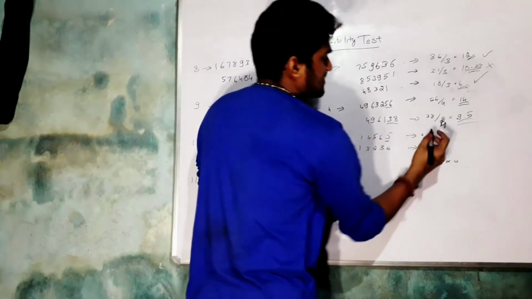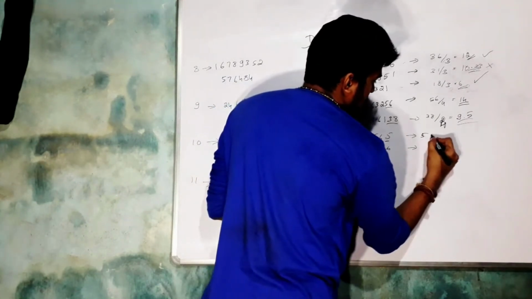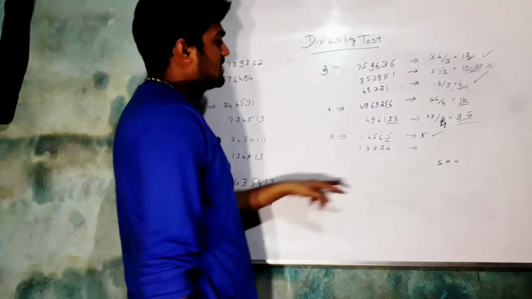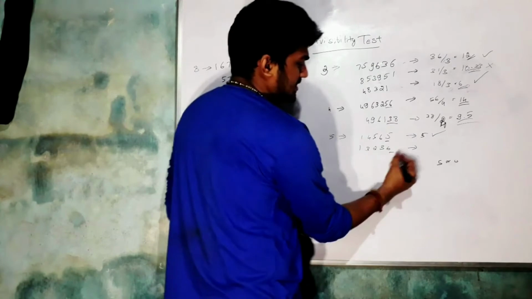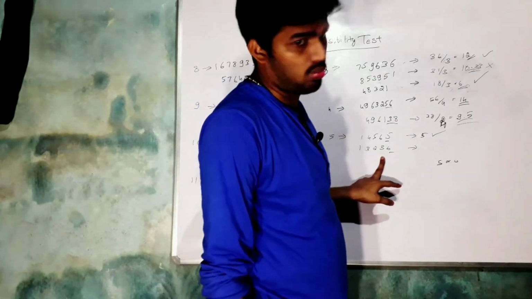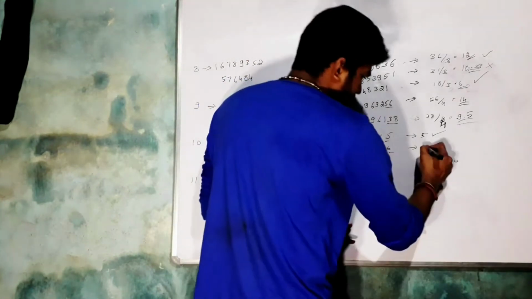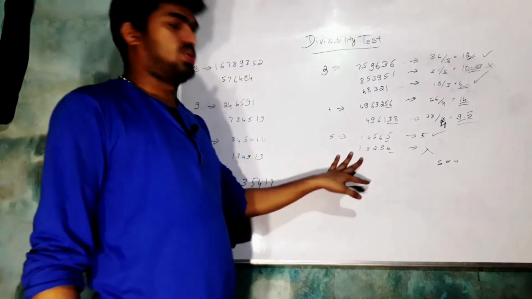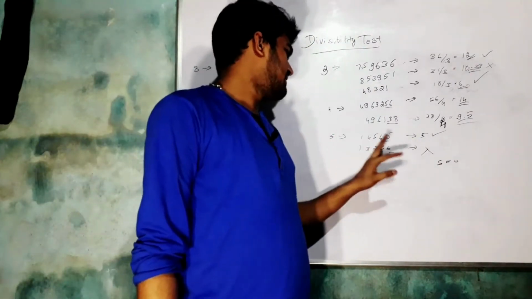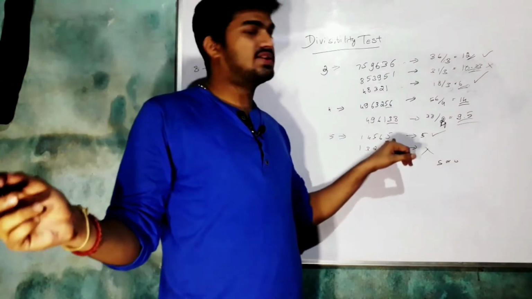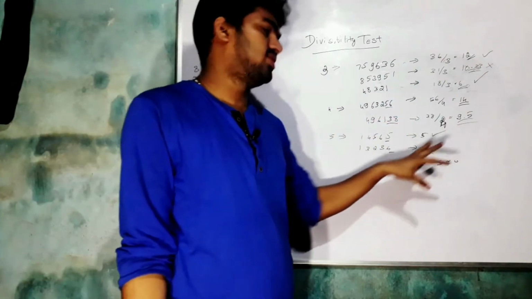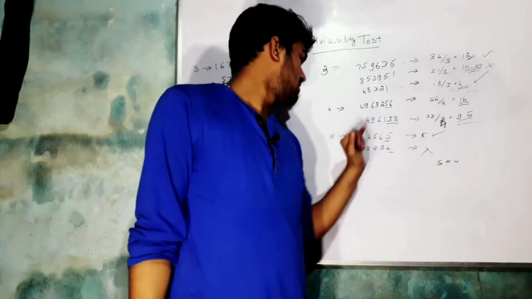It's 5, yes, it's divisible by 5. In another number, just take the last digit, 6. Is it 5? No. Is it 0? No. So it's not divisible by 5. To check divisibility by 5, it's easy: just take the last digit and check if it's 5 or 0.